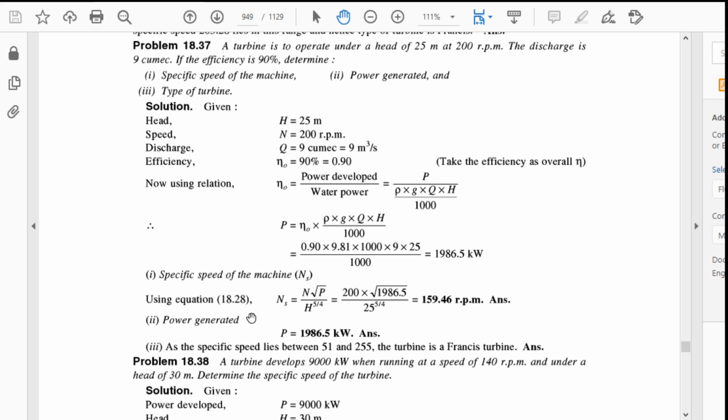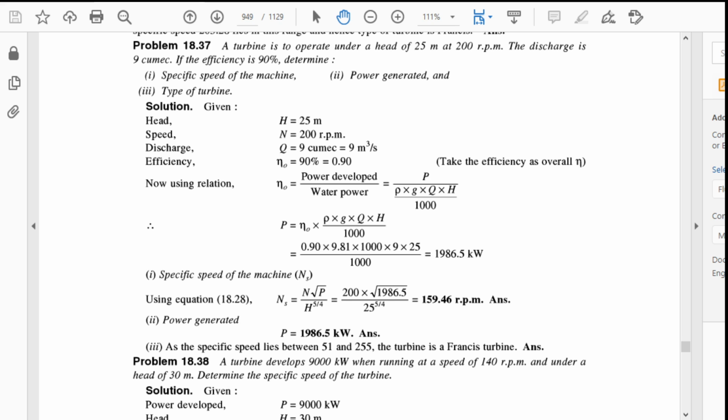Now the value of specific speed lies in the range of 51 to 255, so it is a Francis turbine.